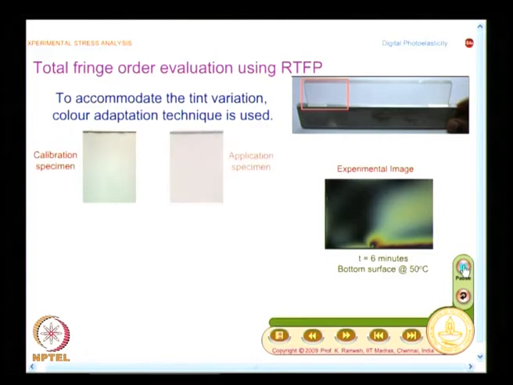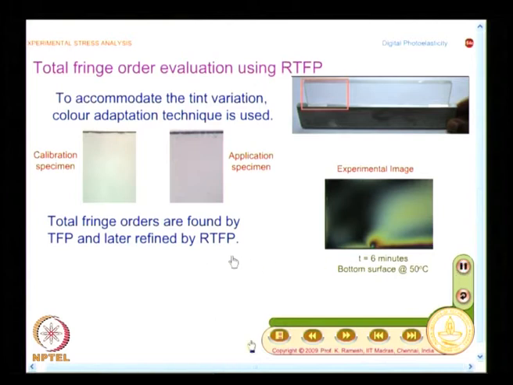I said that the color code is a function of the light source, the specimen material and the camera. So, you will always find that the application specimen from which you make the model may have a slight tint variation compared to the calibration specimen. Ideally, you should use the application specimen and then develop a calibration table, which will make your methodology very cumbersome.